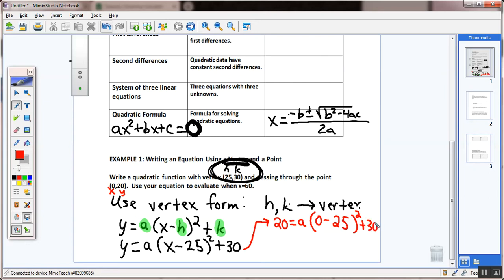What's 0 minus 25 in parentheses, kids? Negative 25. Somebody take negative 25 times negative 25 now and square that for me. Negative 25 times negative 25.